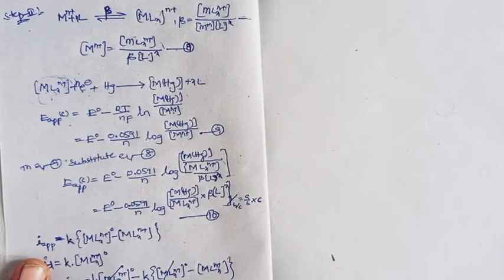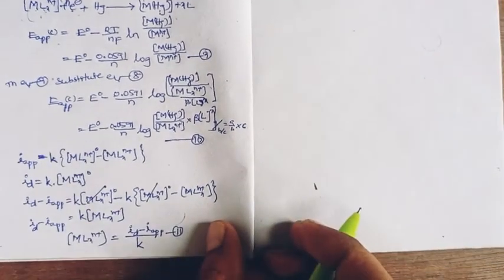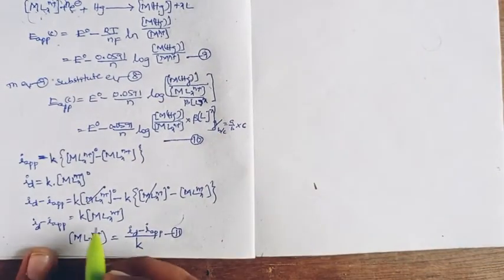Writing it in terms of the remained metal complex concentration, it equals the diffusion current minus the applied current divided by small k. This is equation number 11, right?